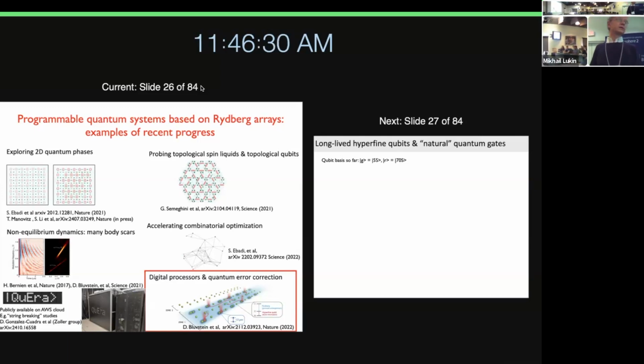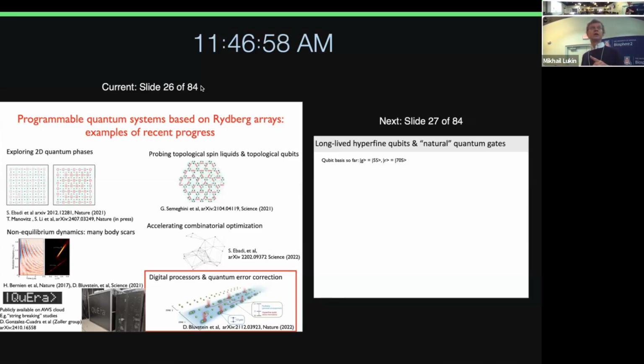Okay, so there are different coherence times associated with different levels here. I'll talk about coherence times associated with encoding spin qubits, and these coherence times are typically seconds, so it can be many seconds.